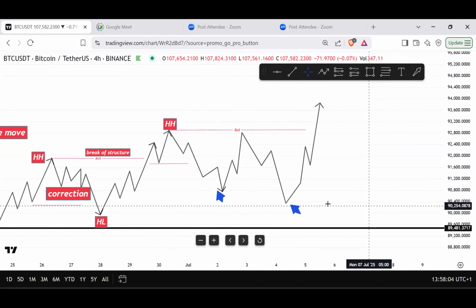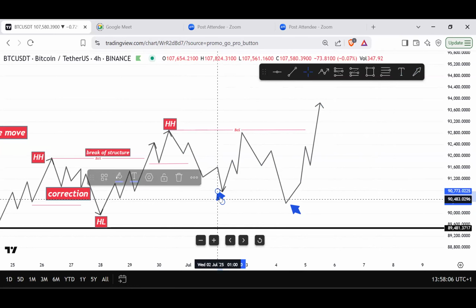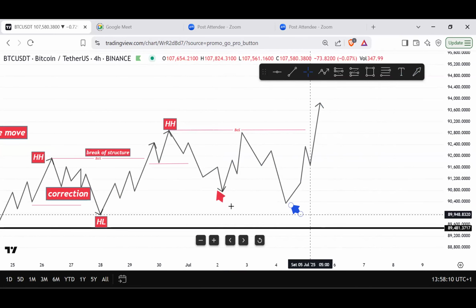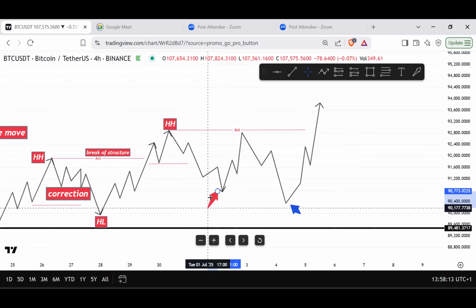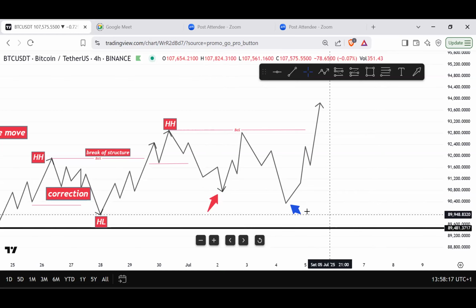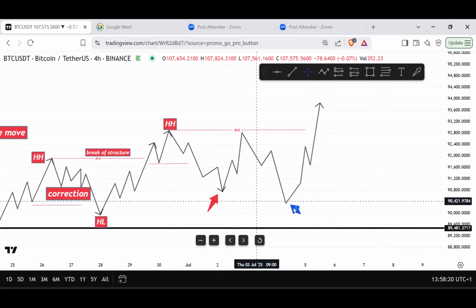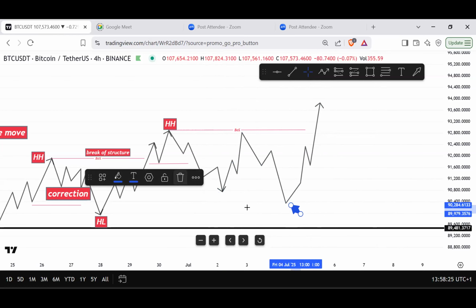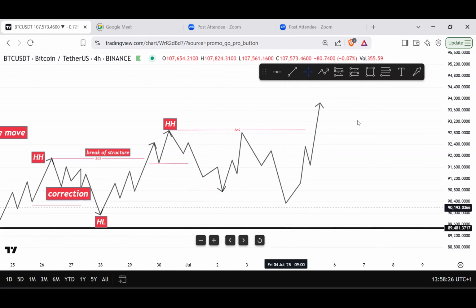Here, let me see. The end point we should consider as a higher low. So the blue one is a higher low, because it's the lowest. The lowest is the higher low, right? So higher low there.